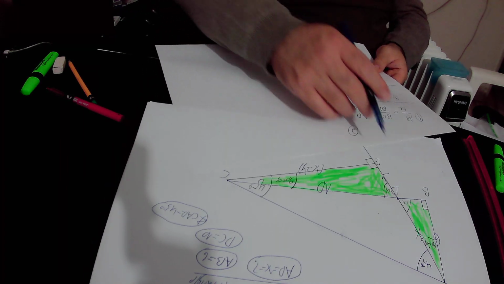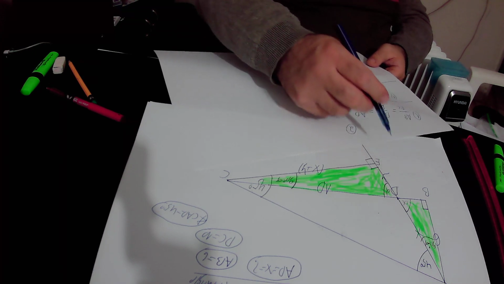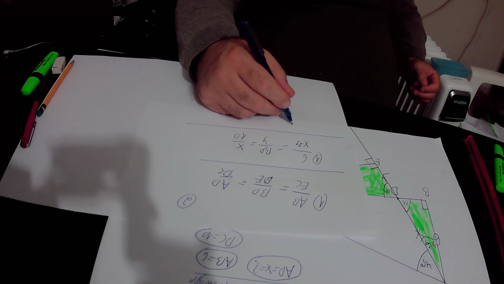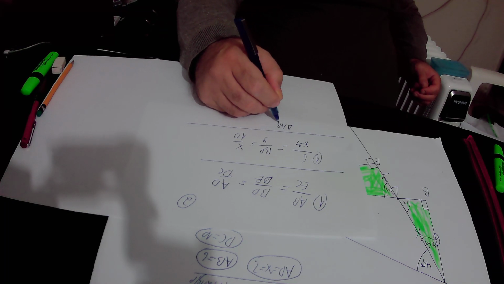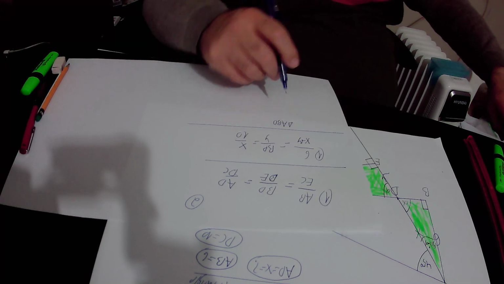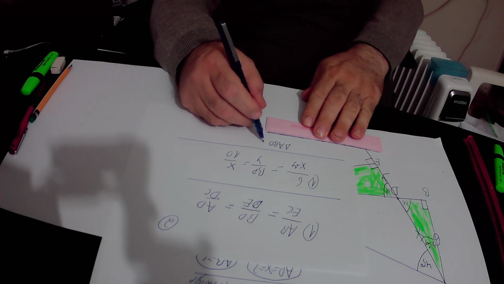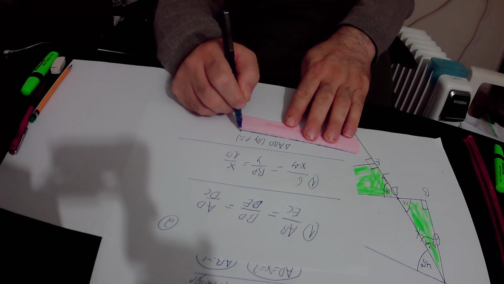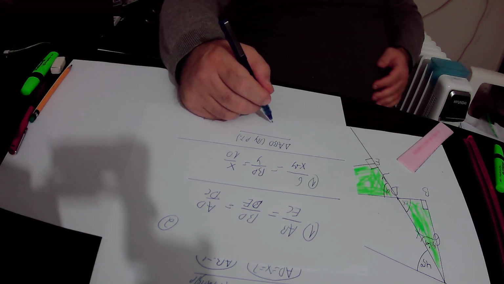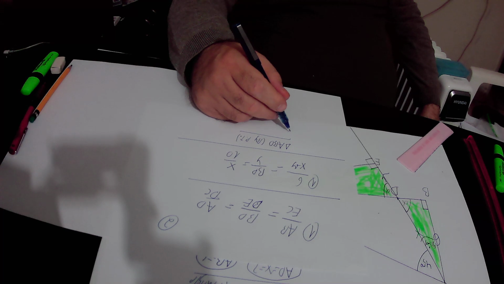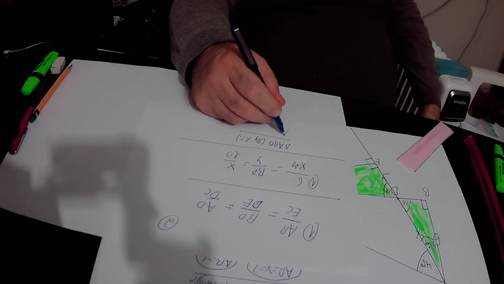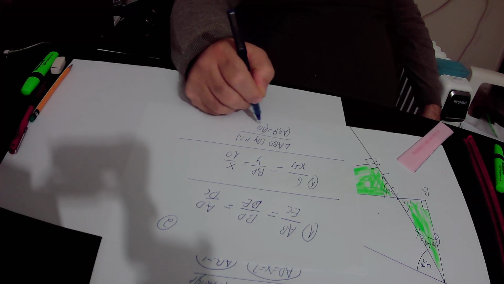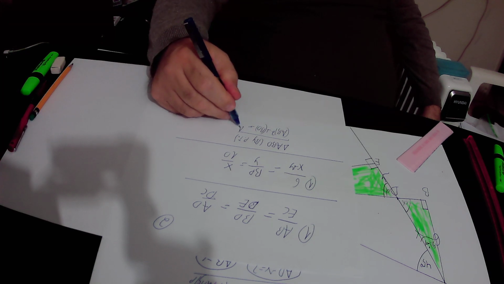What is the value of BD? So we'll focus on the right triangle ABD. In the right triangle ABD, according to the Pythagoras theorem, PT is abbreviation for Pythagoras theorem, you will get that AB squared plus BD squared equals AD squared.